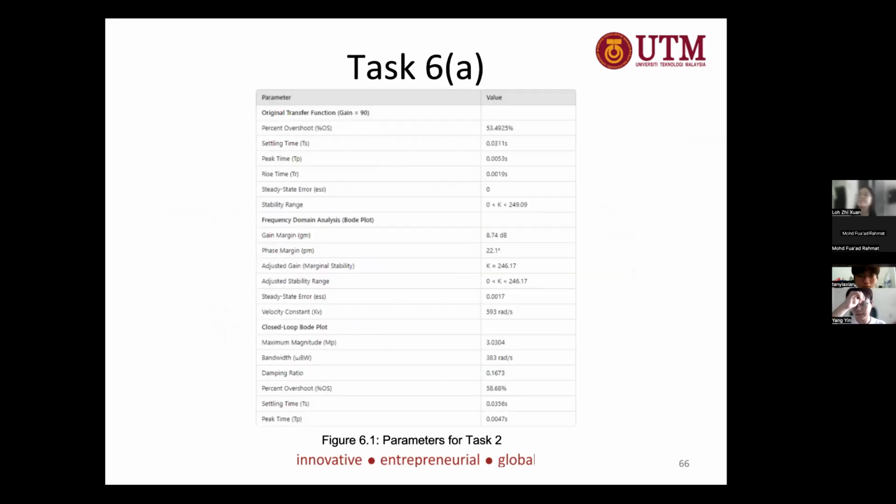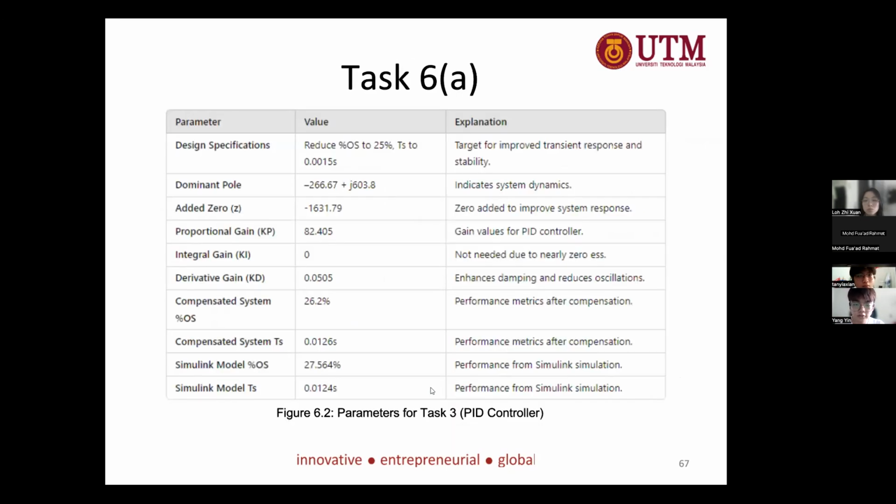Going to task 6, these are the parameters we got from task 2. We can see that the percentage overshoot is quite high, and the settling time can also be improved. So our design specification is based on these two parameters. From task 3, which uses a PID controller, we added 10 at negative 1600 to improve the system response.